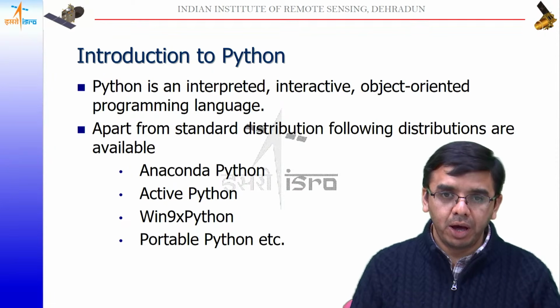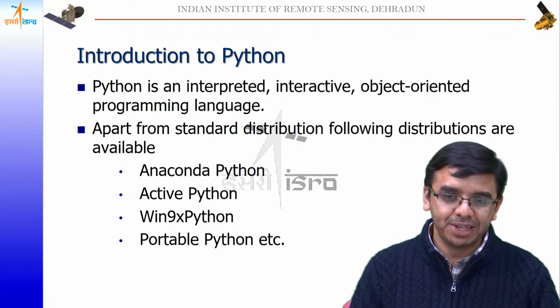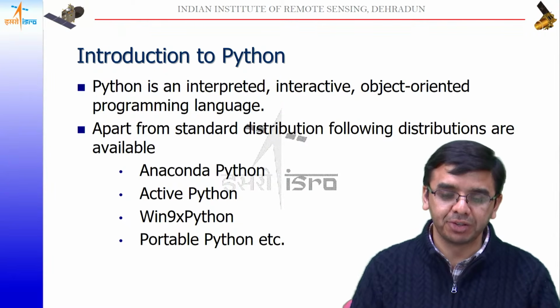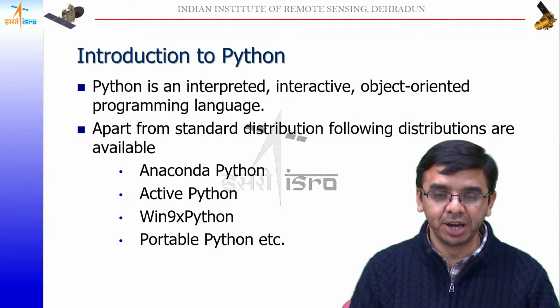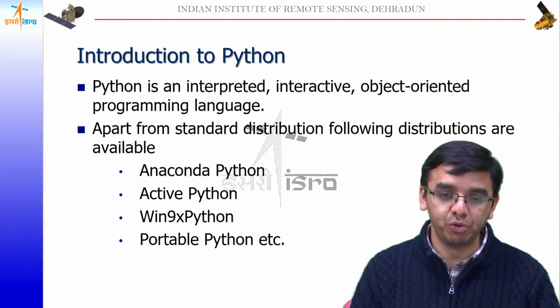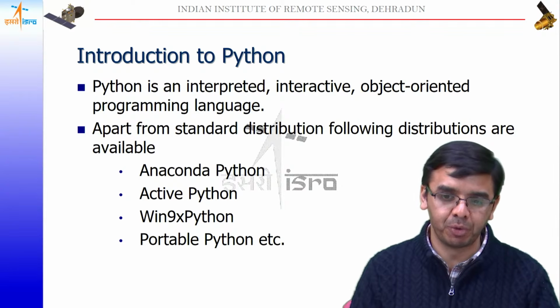So Python is an interpreted, interactive, object oriented plus function oriented programming language. Generally, programming languages come basically in two flavors. Some of the programming languages are compiled programming languages, and some are interpreted programming languages.